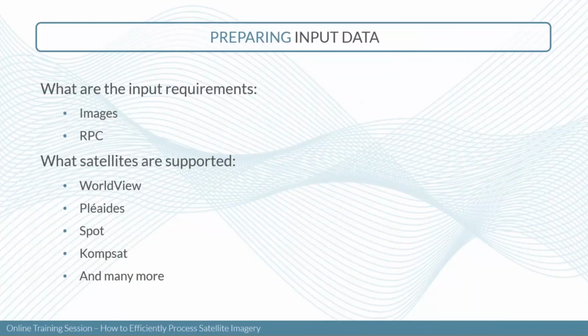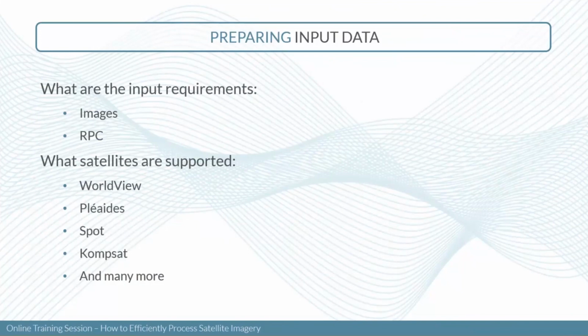The other thing that we need is the rational polynomial coefficient, commonly known as the RPC file. The RPC file can come as an XML file depending on the provider that you acquired your image from, or, let's say from Digital Globe, it could come within a file that has the extension .rpb. So basically, what is an RPC?